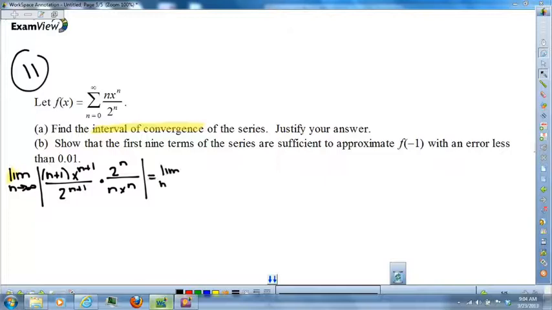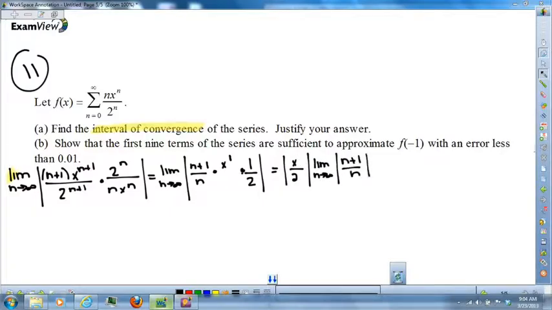If we simplify, putting our n's together, our x's together, and our numbers together, we get n plus 1 to the nth, x to the first, and 1/2. Since x and 1/2 do not depend on n, we can move them to the front. Notice that the limit as n goes to infinity of n plus 1 over n is equal to 1. So we're just left with the absolute value of x minus 2.